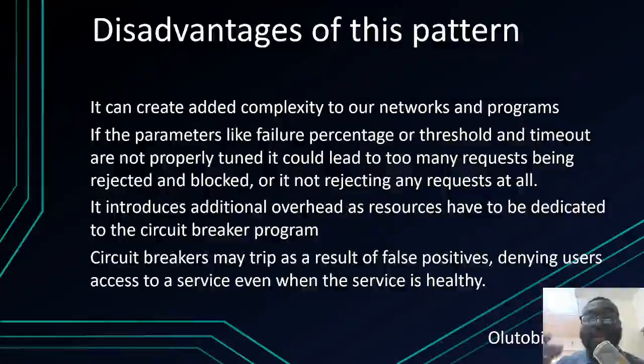If too many requests are rejected by the service, even if the requests are malformed, the circuit breaker might trip even though the service is still up. And then requests that are meant to be served by that service will be rejected by the circuit breaker, even though the service is still very, very healthy.